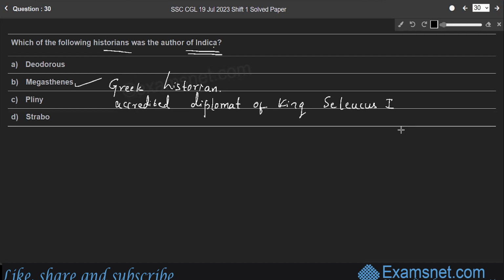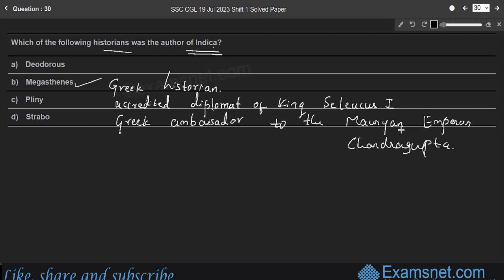So he was a Greek ambassador to the Mauryan Emperor Chandragupta Maurya.